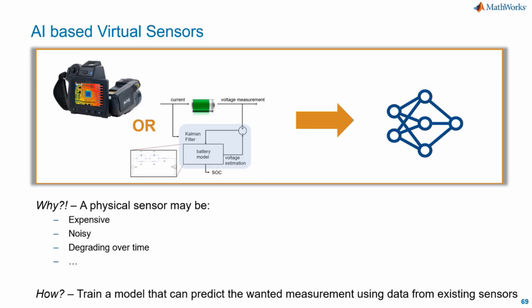So it's very hard to have a proper physics-based virtual sensor model. One of the solutions is to use AI: the same process, collect the data, train the model, and predict the output or the measurement from a model. So this is another example.